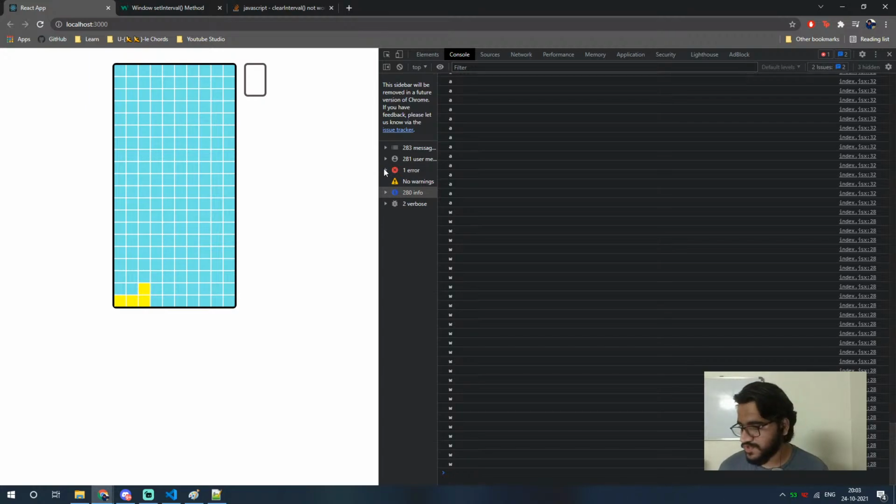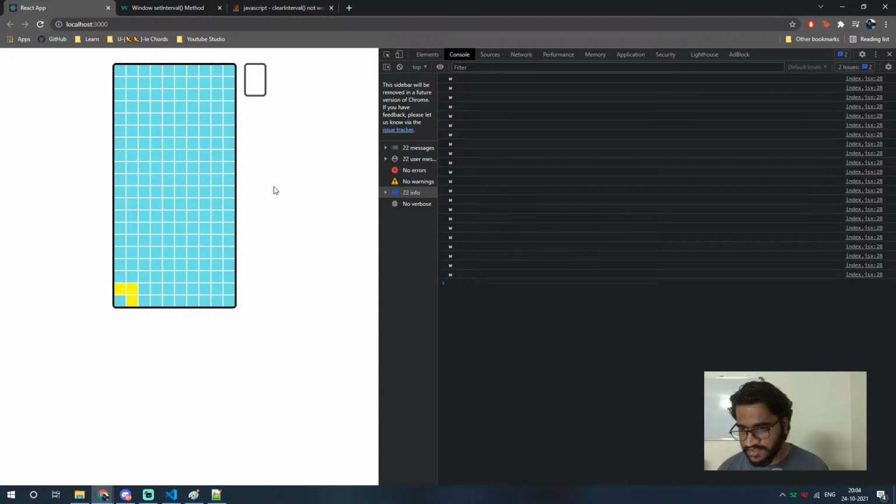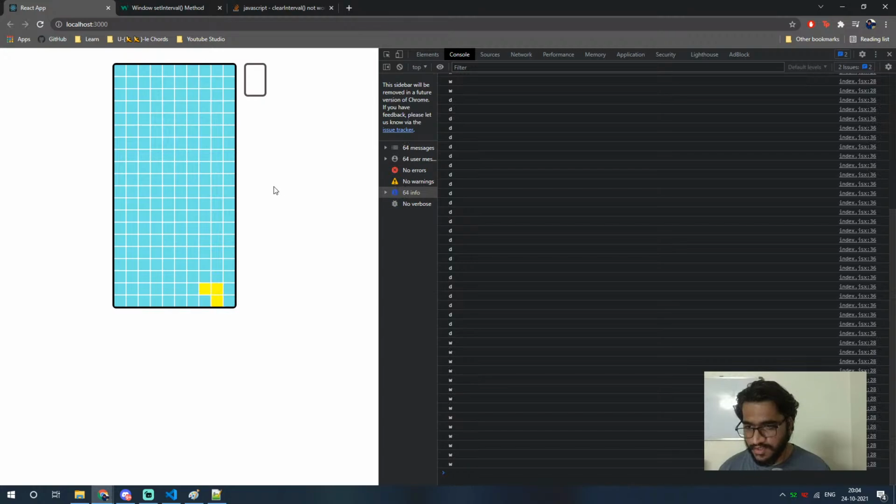I'll do it next weekend. I think this is pretty good progress. There are still some errors at the bottom boundary, which we will work on in the next sessions.